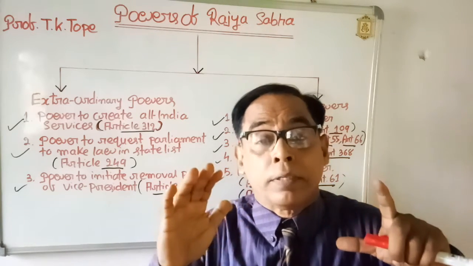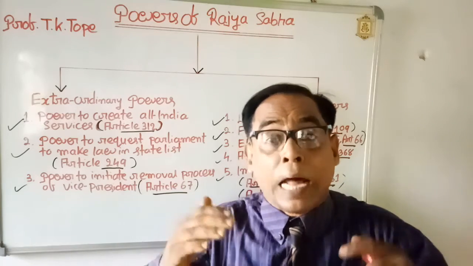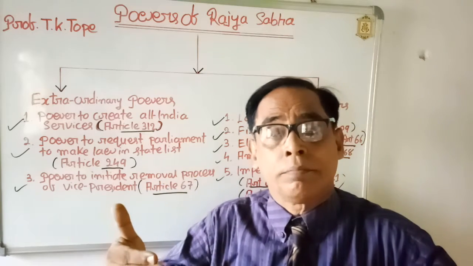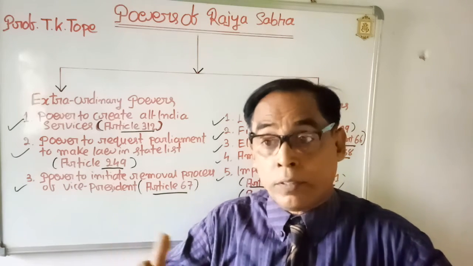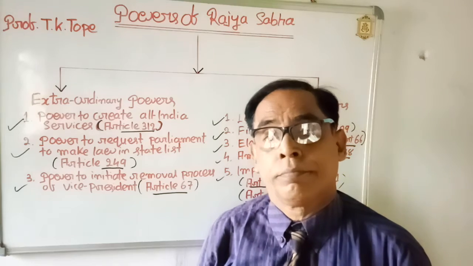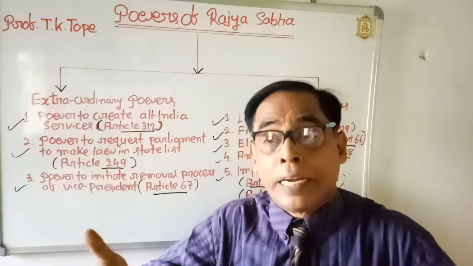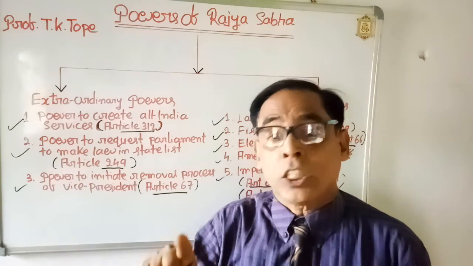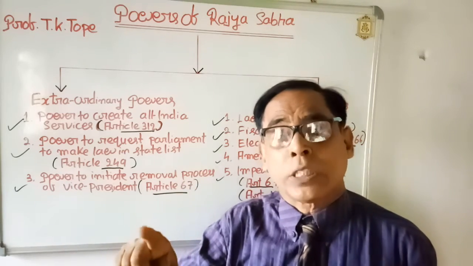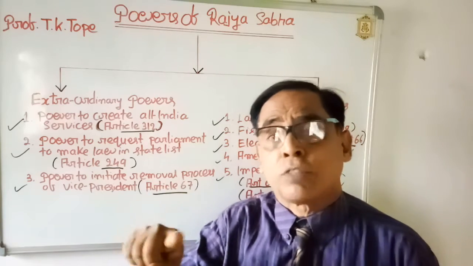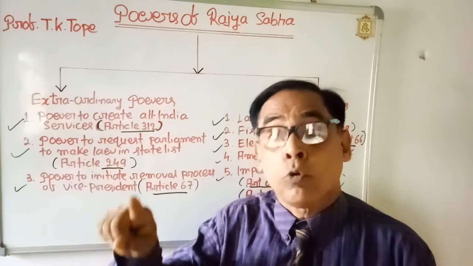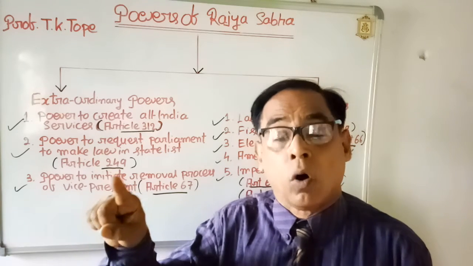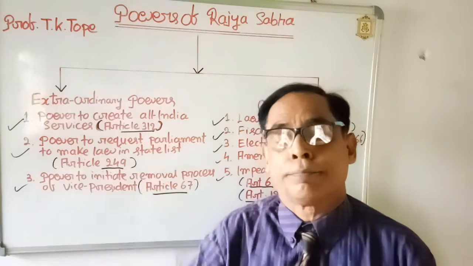Article 312 says that if the Rajya Sabha will feel that in the country for the national interest there is need to create one or more all India services, then Rajya Sabha, by passing a resolution supported by 2/3 of its members, request the Parliament to create one or more all India services for the national interest.